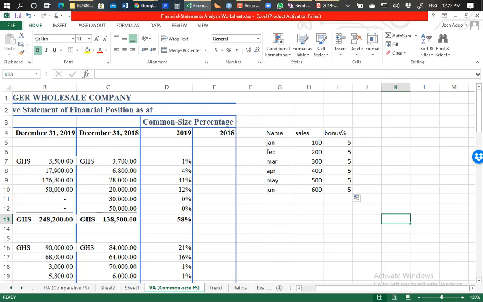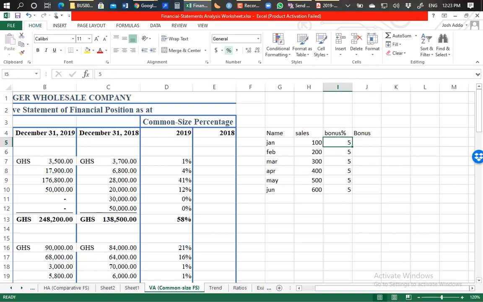So you may want to change your design from this into something like this. Okay, let me just hold. So in this design, you will do bonus percentage here before you come and do bonus, and then your calculation will be, sorry, this is 5%.